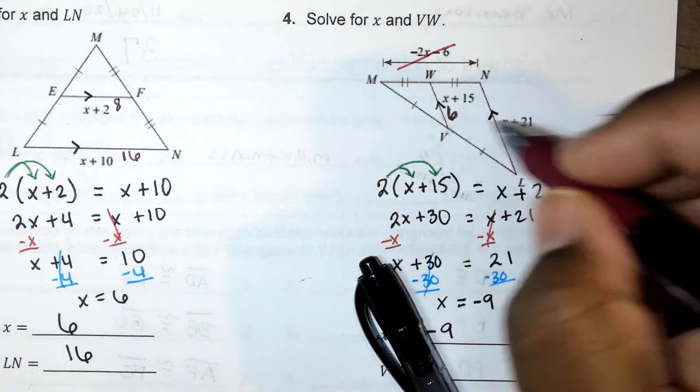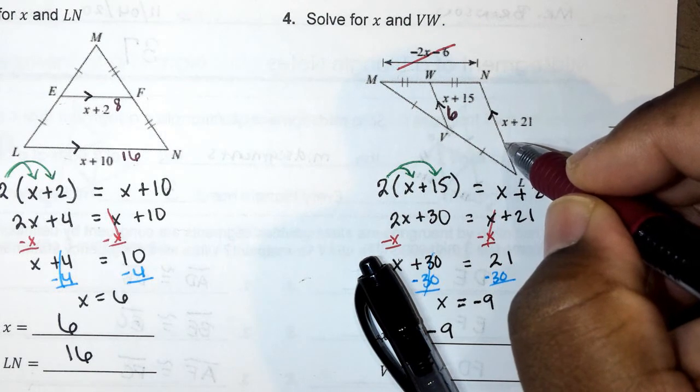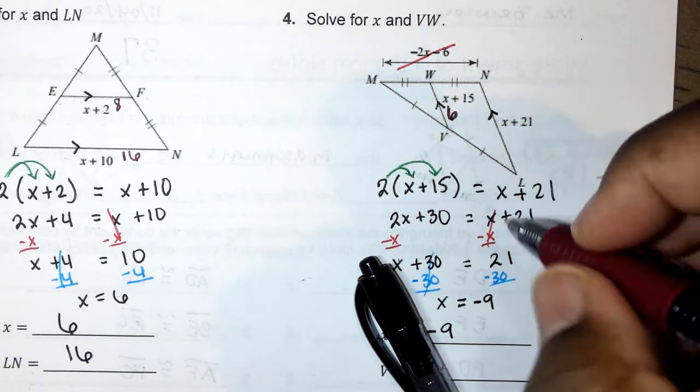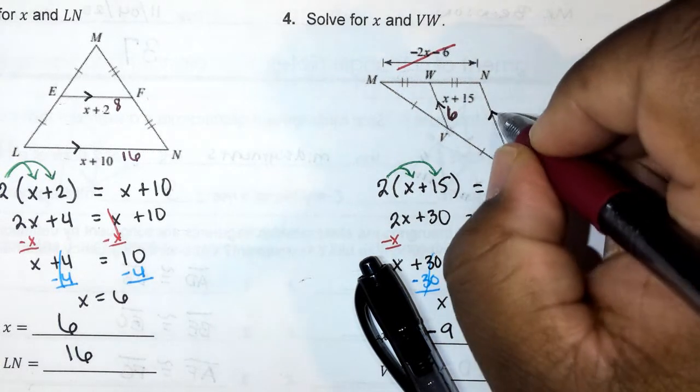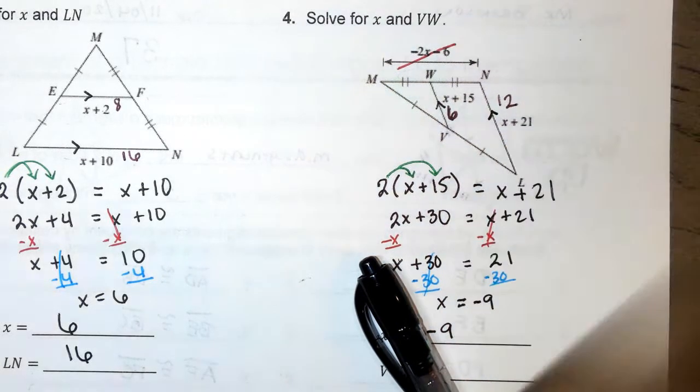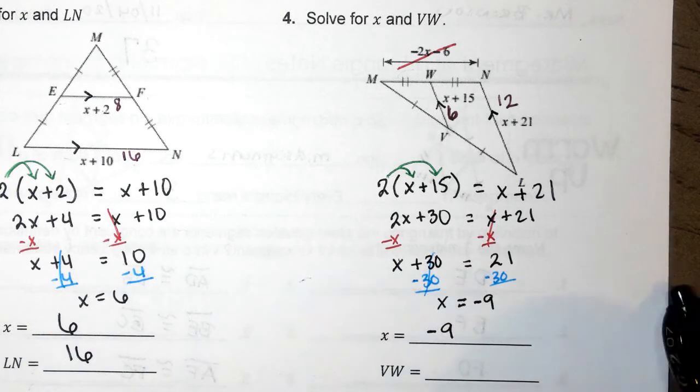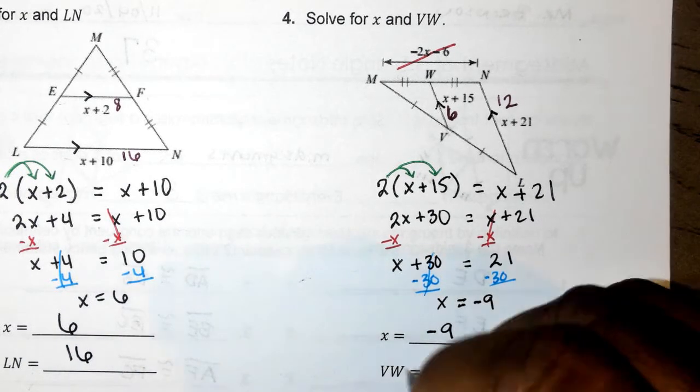If this is 6, then I should get 12 here when I plug in, right? We'll see what happens. -9 plus 21. If you do that in your calculator, you are going to get 12. 6 and 12 are my lengths. One is half of the other. So VW is the one we wanted, so we're going to put 6 here.